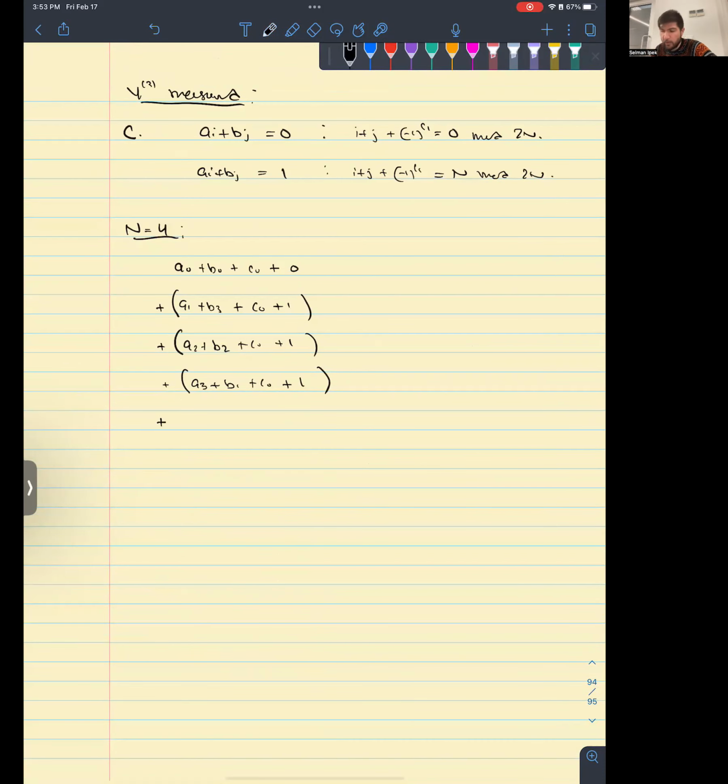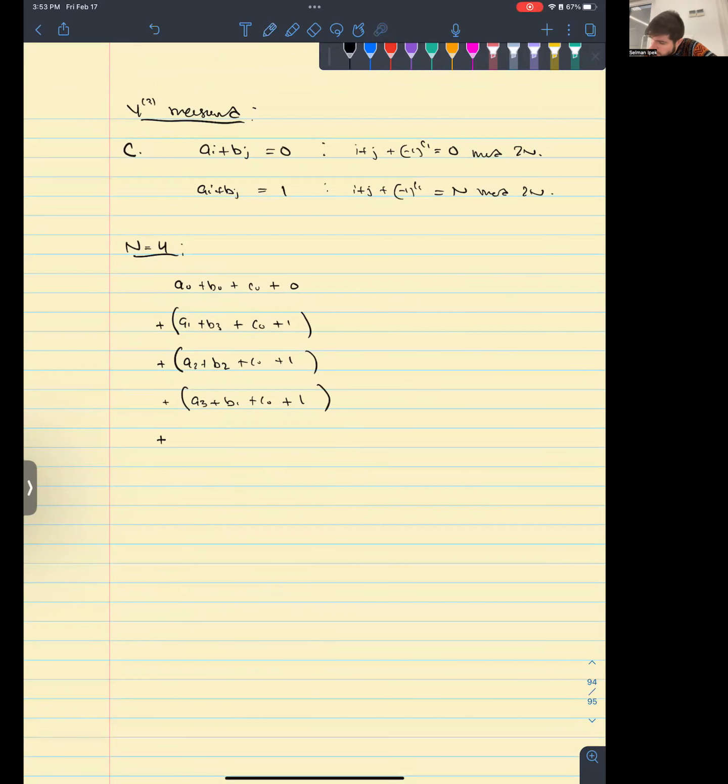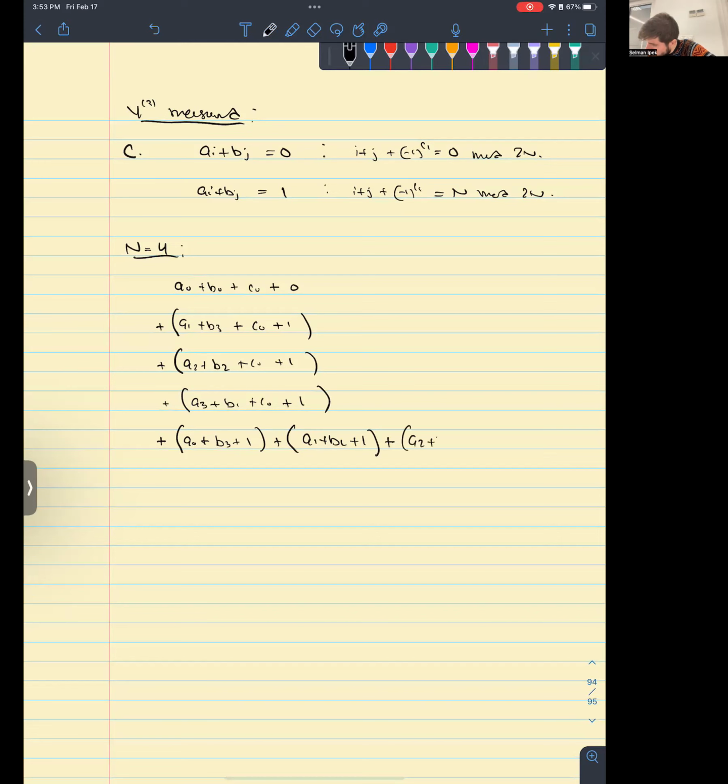Okay, and then we also take from the second set of equations right here, I will try to be quick about this, A0 plus B3 plus 1 plus A1 plus B2 plus 1 plus A2 plus B1 plus 1 plus A3 plus B0 plus 1.